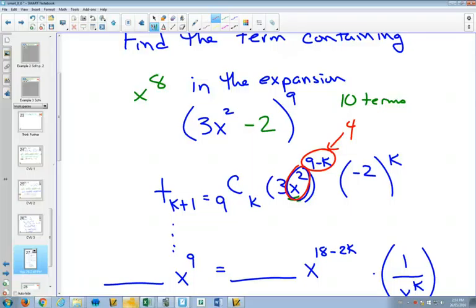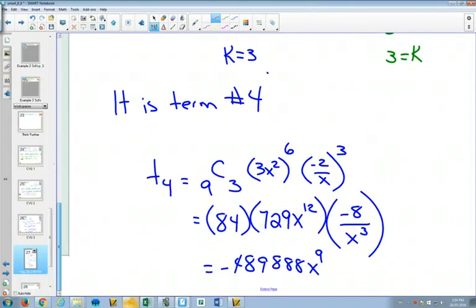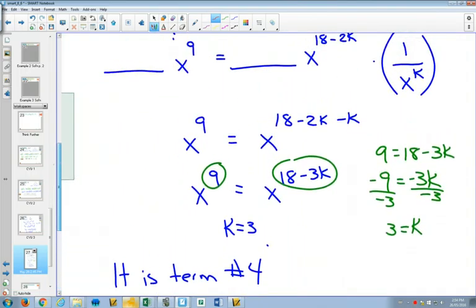And the only way this can be 4 is if k is 5. So some questions you will only have an x in one spot and they'll ask you for a specific term. And those ones you can figure out almost immediately. You don't have to go through this more complicated idea of trying to find out what k is by using your exponent laws.